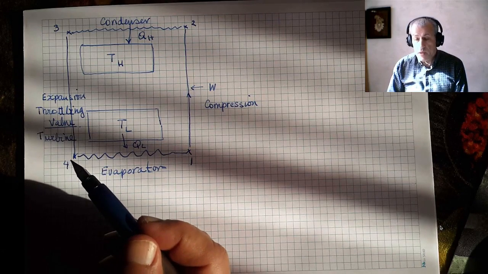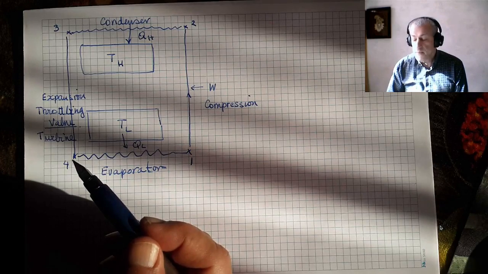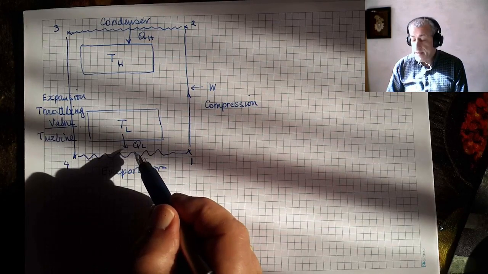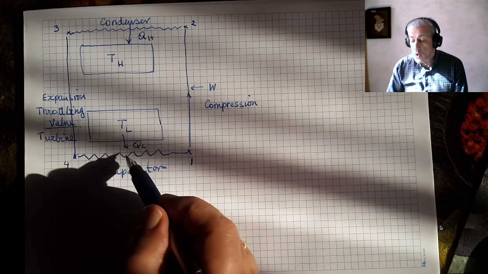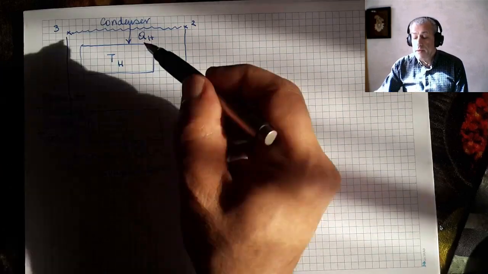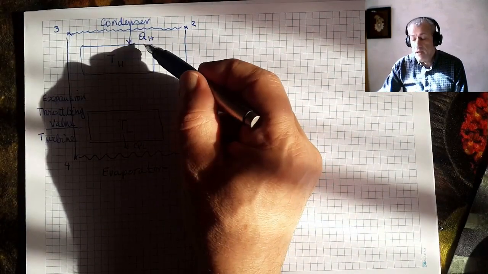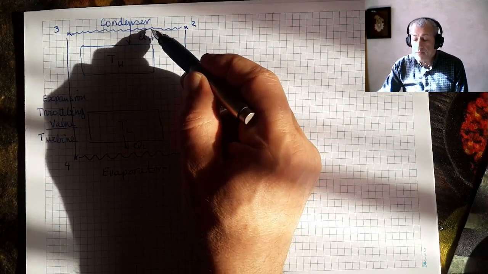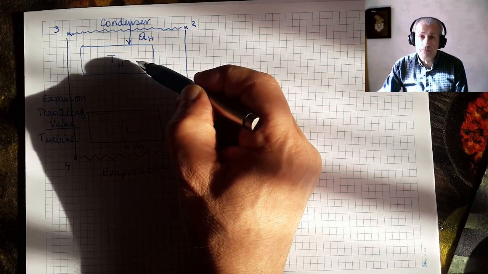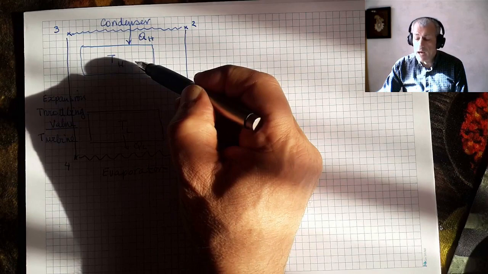But in a real refrigeration cycle, there is a temperature difference here, and our medium is colder than our low temperature reservoir. There is a temperature difference here, and our medium temperature is higher than the high temperature reservoir that we have.